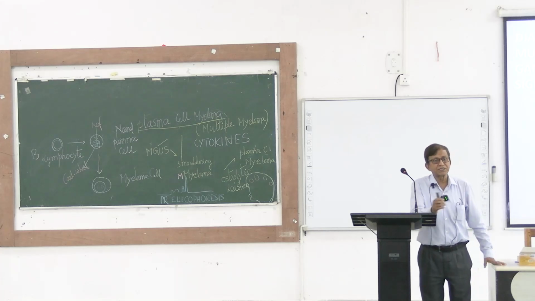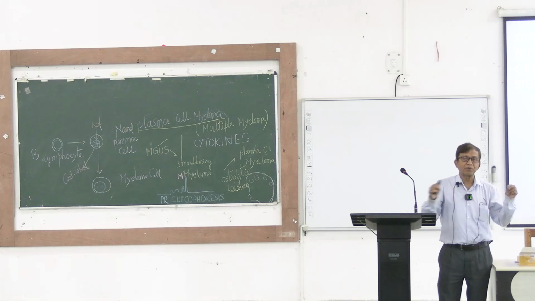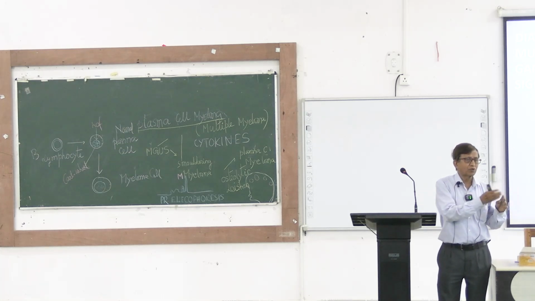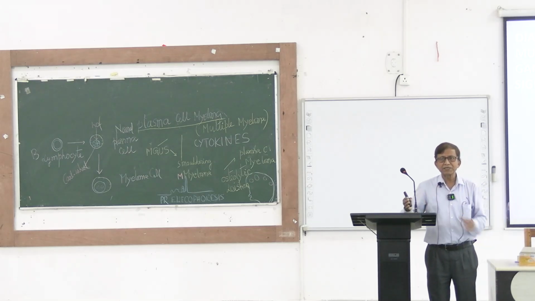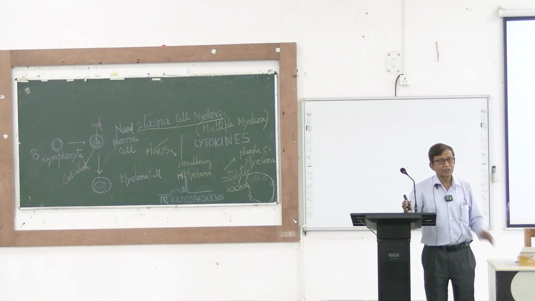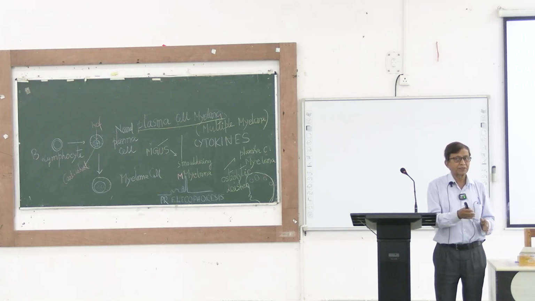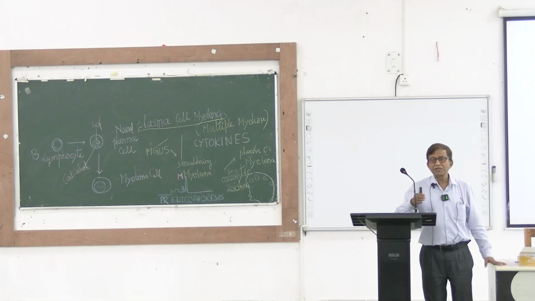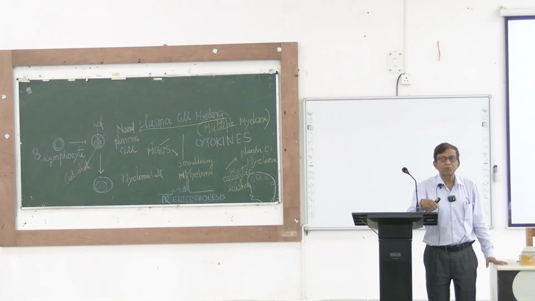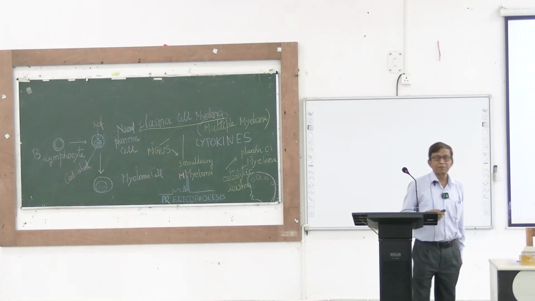The full-blown disease is called plasma cell myeloma. So it's a spectrum of disease. At one end, the most benign, least harmful part is there. On the other hand, the most malignant part is there. You may get the patient at any point. So remember this. Don't think that plasma cell myeloma will always present to you with full-blown malignant features.